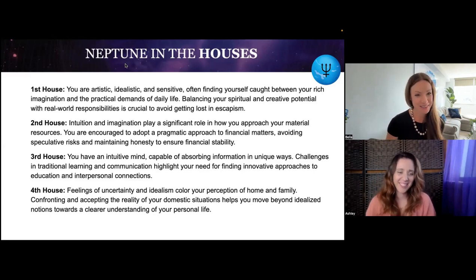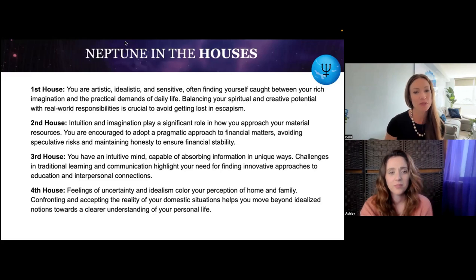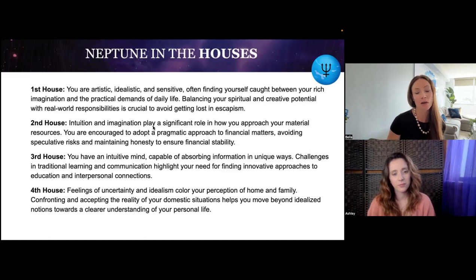Neptune in the 4th house. Feelings of uncertainty and idealism color your perception of home and family. Confronting and accepting the reality of your domestic situations helps you move beyond idealized notions towards a clearer understanding of your personal life. And there is the fact that the 4th house is connected to Cancer, the water element, and the Neptune here.